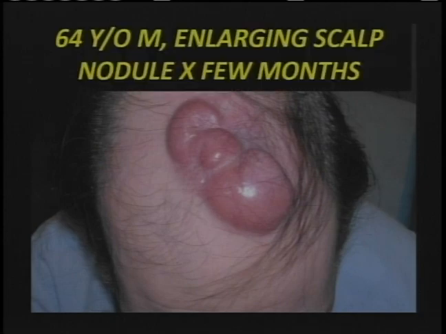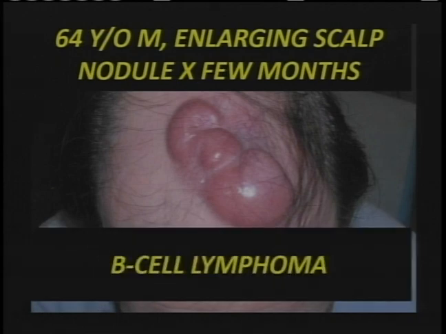So this is a presentation of a lymphoma to the skin, and sometimes these happen as primary lymphomas of the skin, or they can happen as skin involvement of a generalized lymphoma or systemic lymphoma. This one ended up being a B-cell lymphoma of the scalp. So when we see this, we biopsy, we make the diagnosis, and then we send to oncology for treatment and for a further workup.